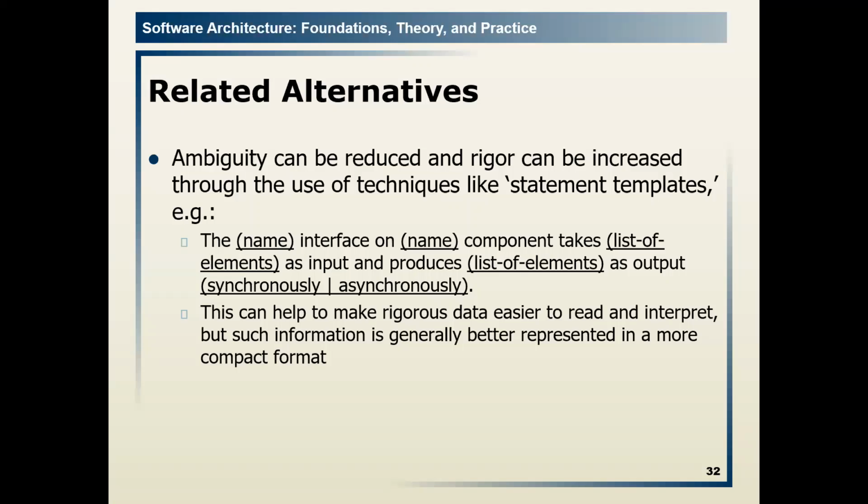Even though these statement templates allow you to read and interpret the rigorous information easily, and the important information will now be highlighted, there are still better, more compact, more summarized formats like the UML. Just draw the diagram, and everything is much clearer than in this kind of statement template form, right?